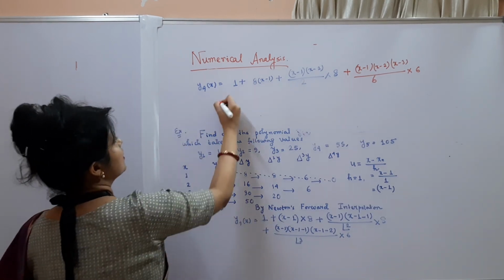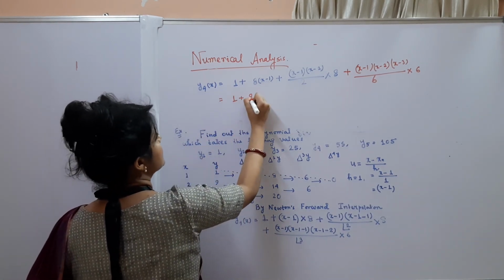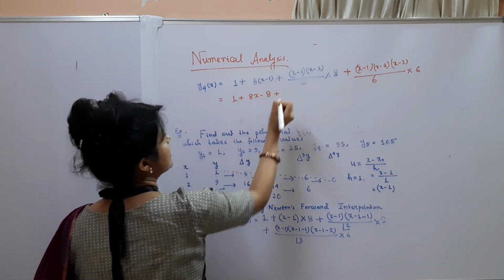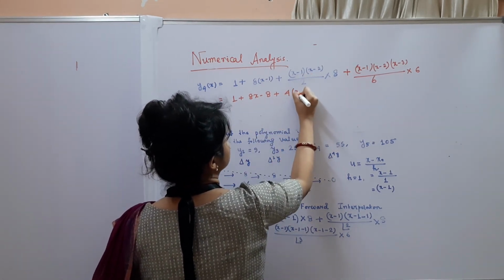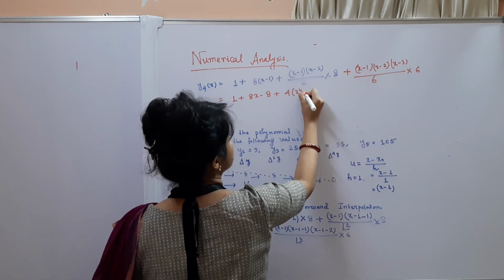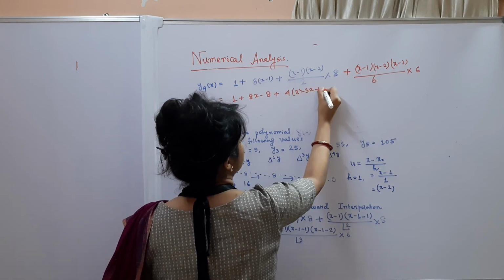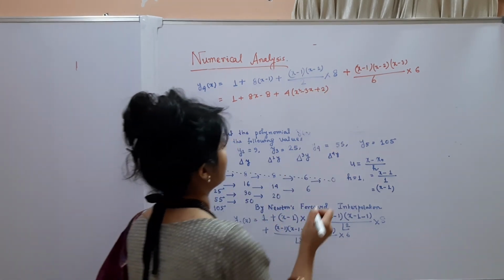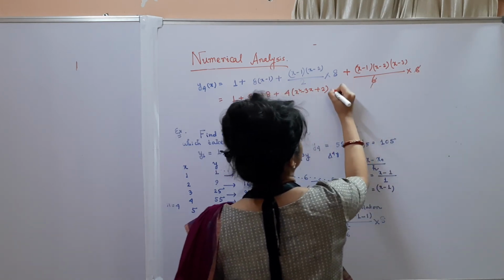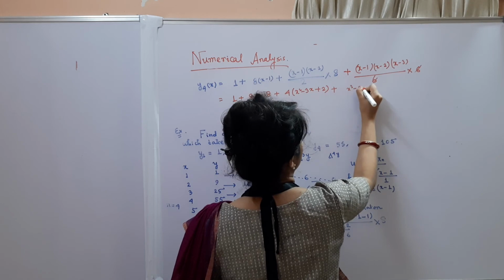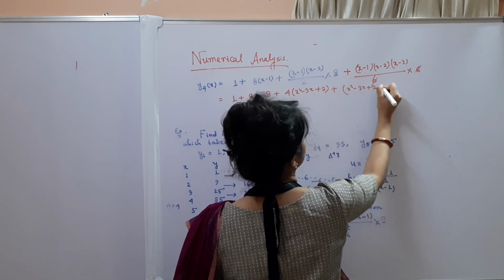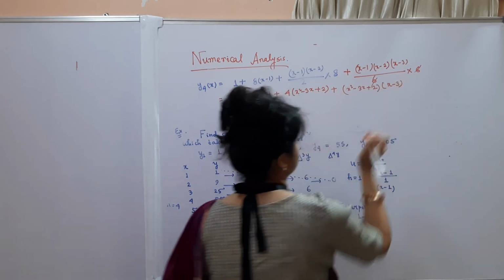Okay, so therefore 1 plus 8x minus 8, this is 4 into x square minus 2x minus x means minus 3x plus 2, and here 6 and 6 are cancelled out. So these 2 means x square minus 3x plus 2 into x minus 3.